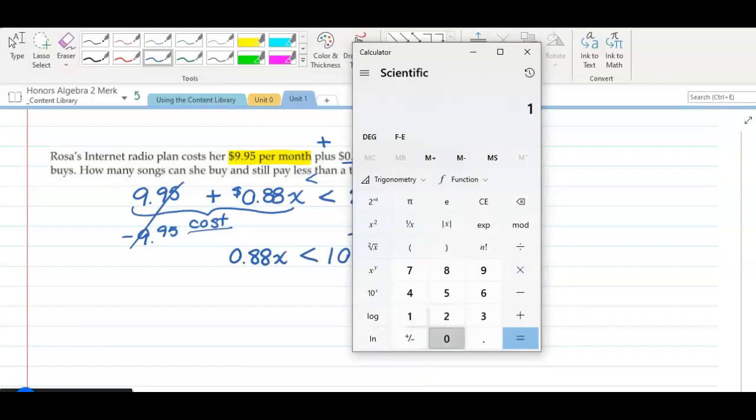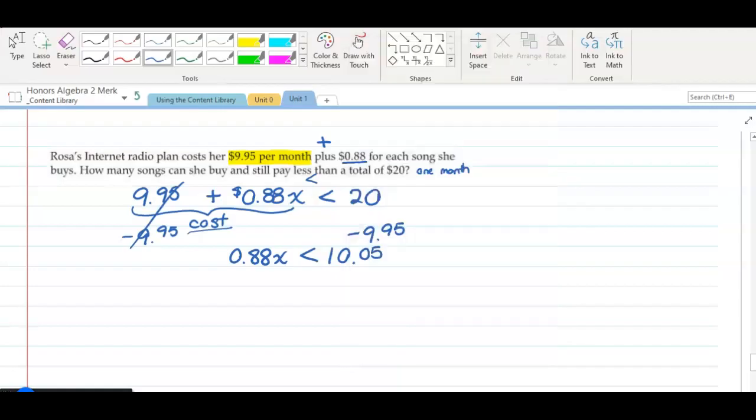We're going to do $10.05 divided by 88 cents. $10.05 divided by 88 cents is 11.42.